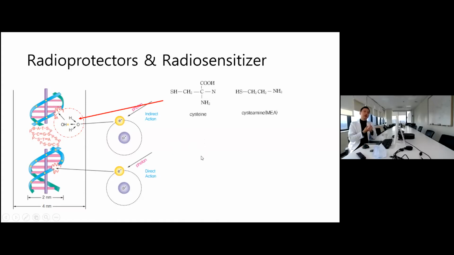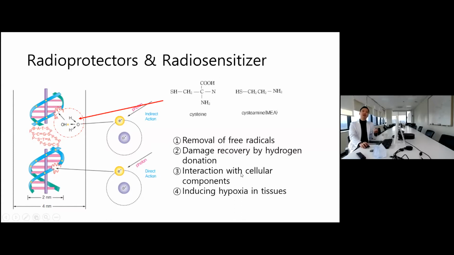So if there are some materials that can decrease such free radicals, they can be good radio protectors, and they can reduce the indirect actions of the radiation.